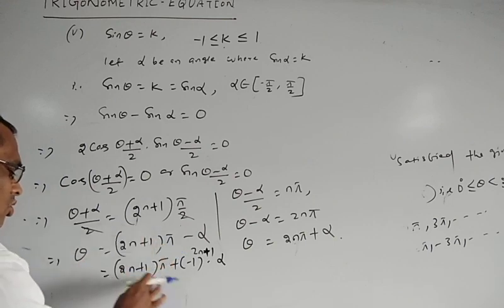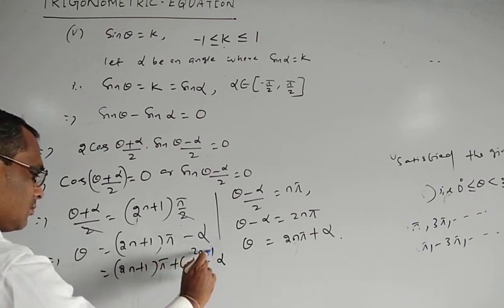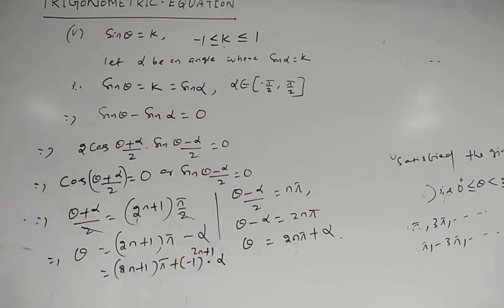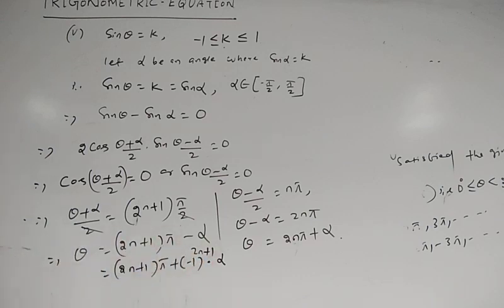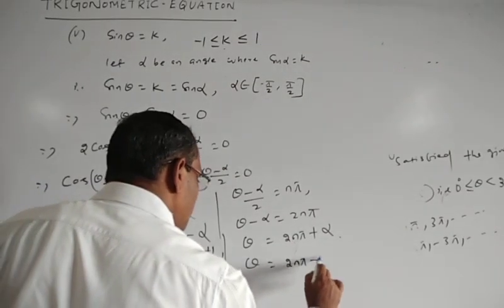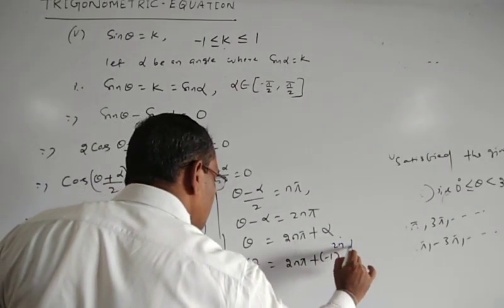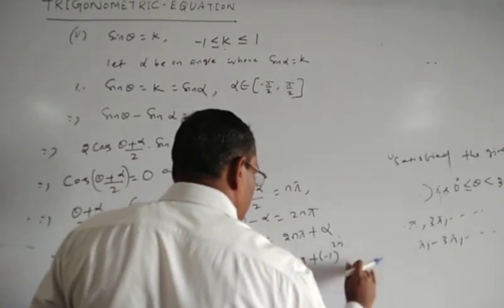So here we write 2n plus 1 into pi plus minus 1 to the power 2n plus 1 into alpha, because minus 1 to the power 2n plus 1 means minus 1 into alpha. Here theta is equal to 2n pi plus minus 1 to the power 2n into alpha.